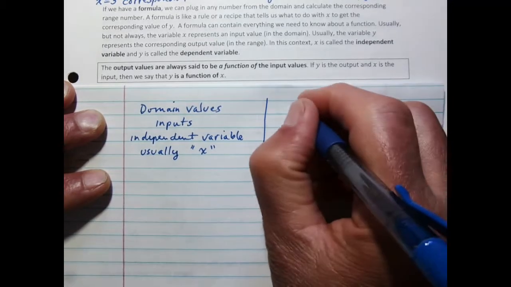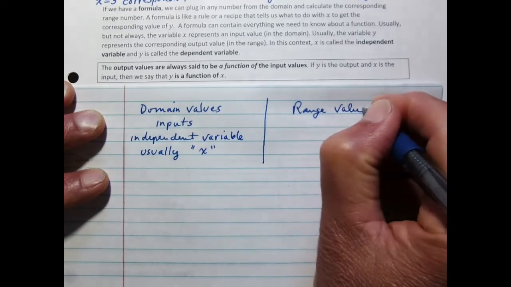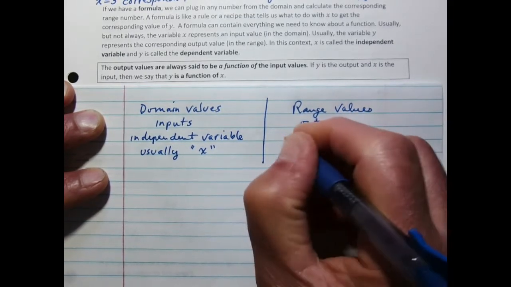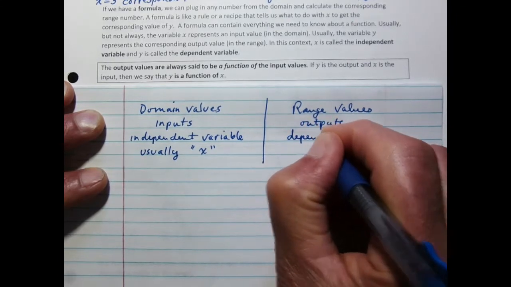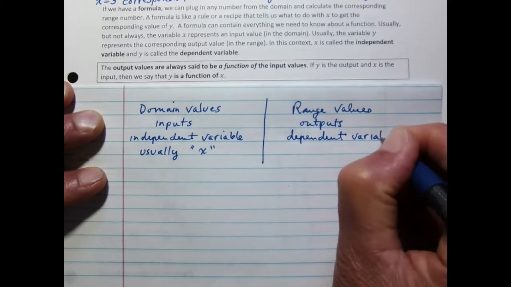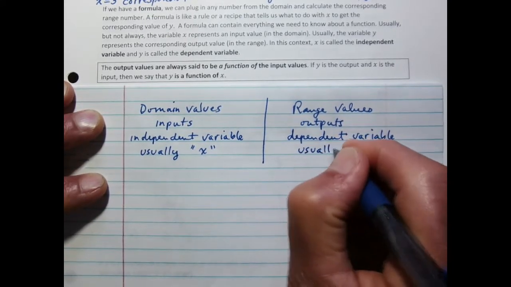And then we can compare the range values, which we call outputs, and they're represented by the dependent variable, which is usually y.